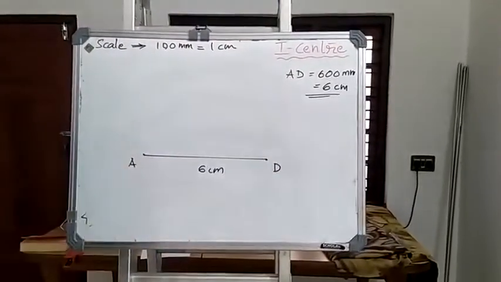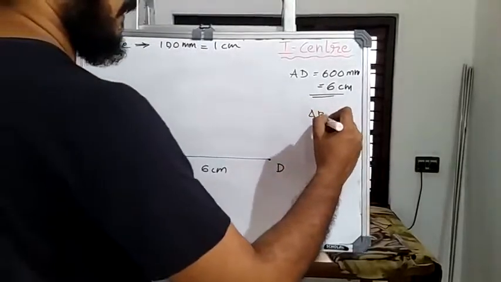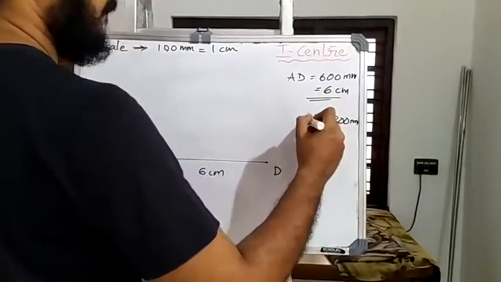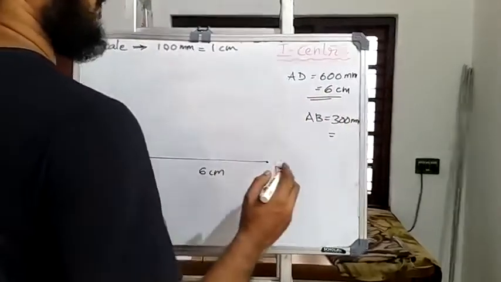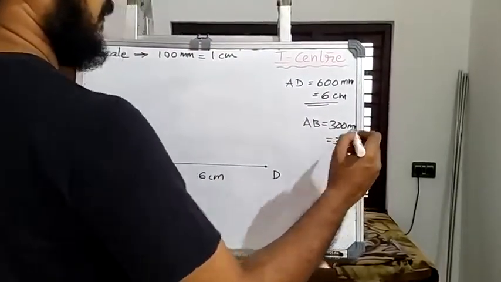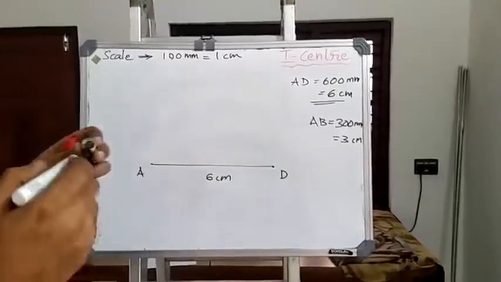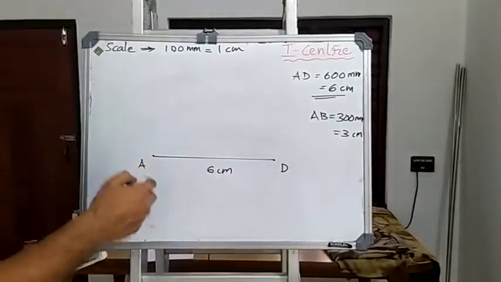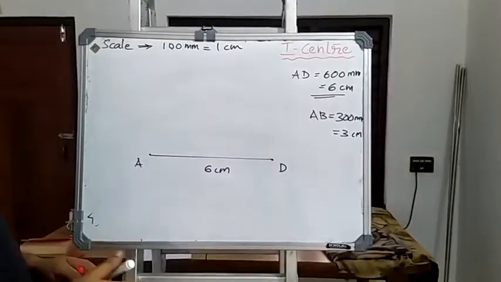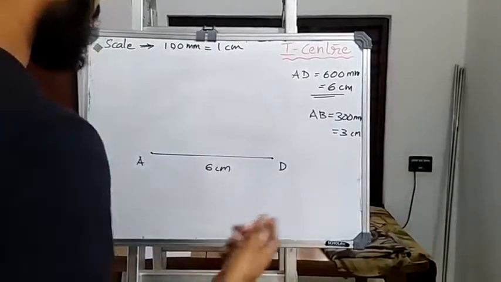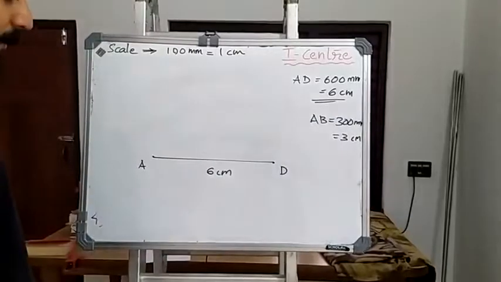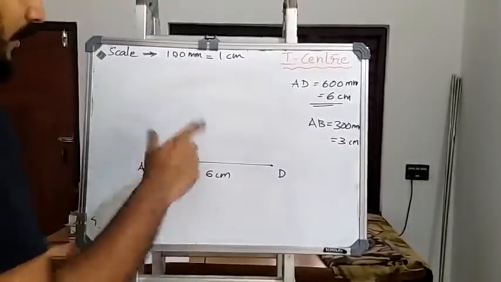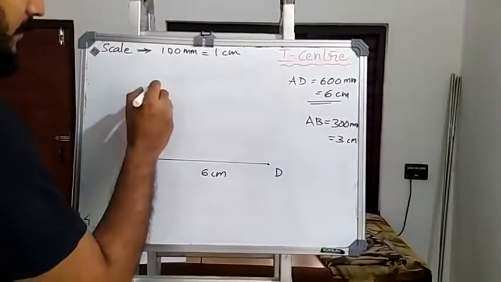Now, the length of AB is given as 300 mm. With respect to our scale, 300 mm will be equal to 3 centimeters. Link AB is at an angle of 60 degrees. So, using your compass, keeping A as center and the length 3 centimeter, draw an arc.